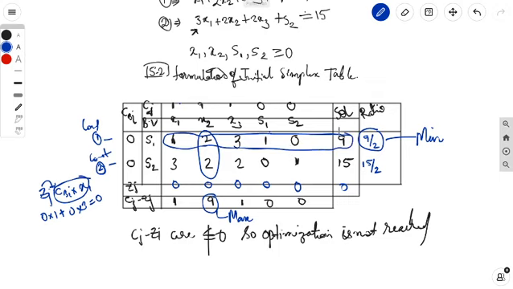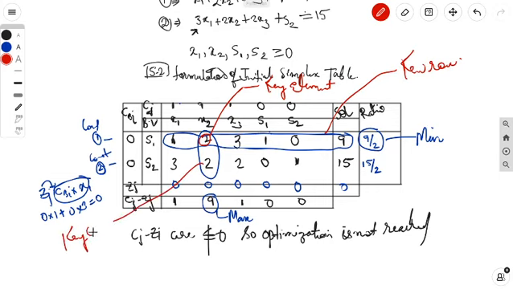This becomes the key row, and this element, this 2, becomes the key element. This is the key row and this becomes the key column. Now we need to go for iteration 1.